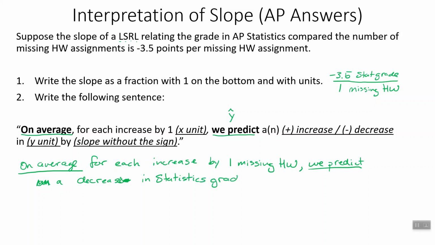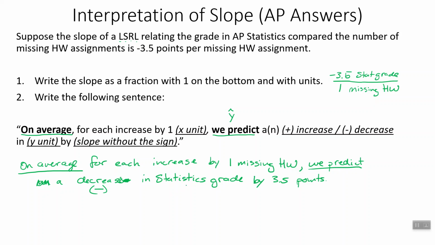By, and then we say what was the slope on the top, 3.5. We don't use the negative sign because we took care of it with the decrease. All right, we already took care of it there. By 3.5 points. All right, so on average, for each increase by one missing homework assignment, we predict a decrease in statistics grade by 3.5 points. That's what the slope means.